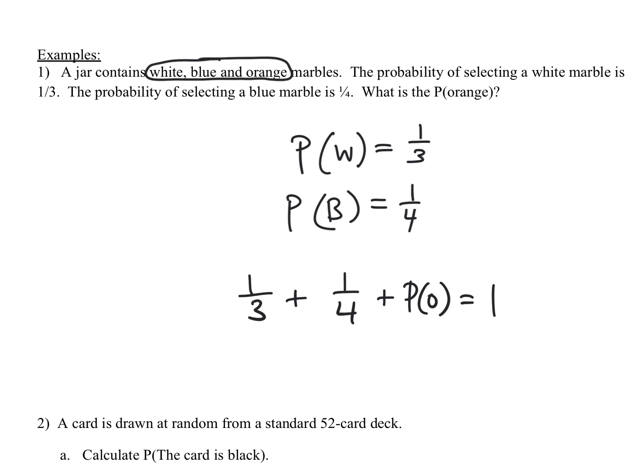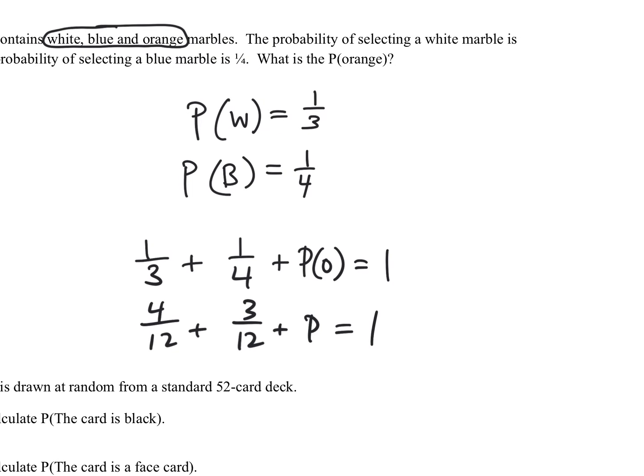I'll need a common denominator here, so we can say this is 4/12, this is 3/12, and this is some other amount. Again, we're trying to find our probability of orange. So I could subtract 7/12 from 1. The probability that we get an orange marble is going to be 1 minus 7/12, or 5 over 12.